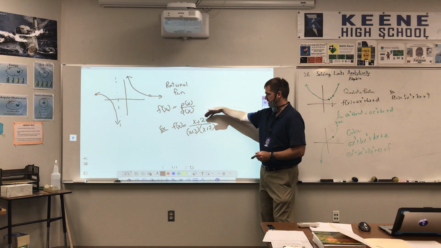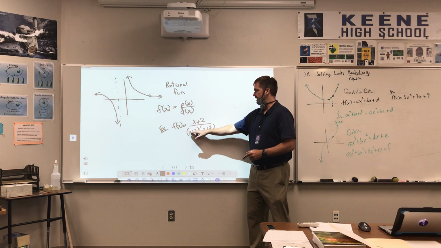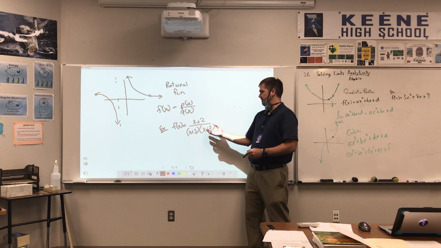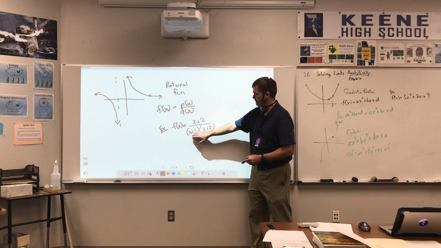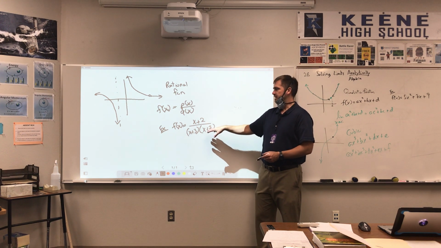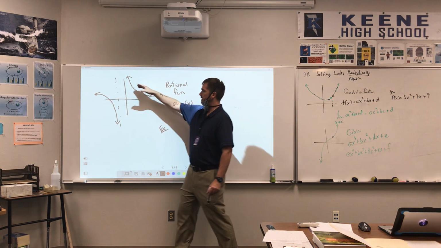Anytime you have something divided by something else, okay? These guys right here, a -3 and a -7, are numbers which can cause that denominator to not exist. And anytime you have the denominator not exist, you're either going to have a hole or you're going to have an asymptote.